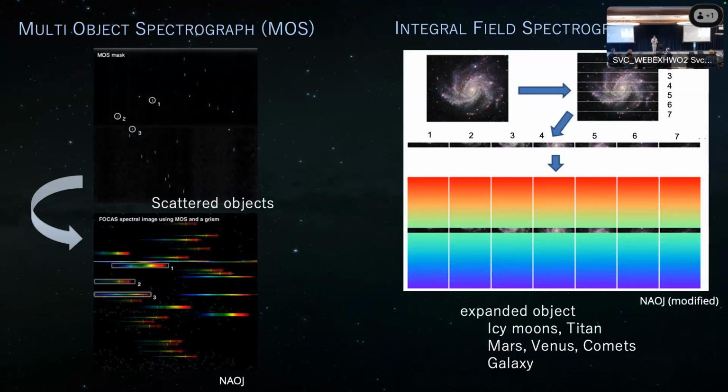On Tuesday, Brian Fleming gave us a very good lecture on the IFS, so I think I can skip this explanation. But anyway, MOS, multi-object spectroscopy, is good at observing scattered objects over a wide field of view.